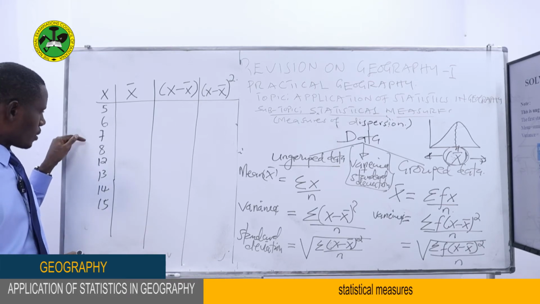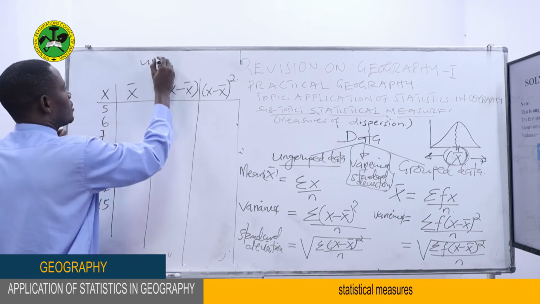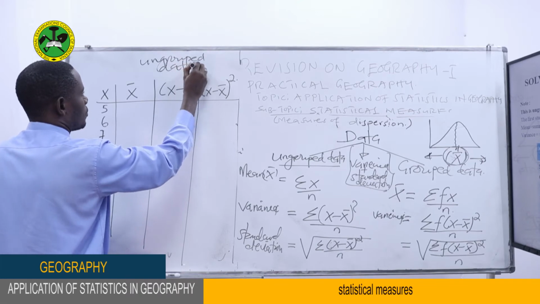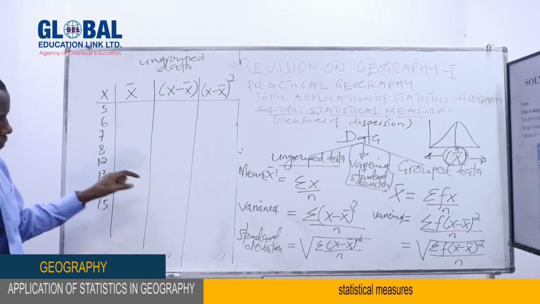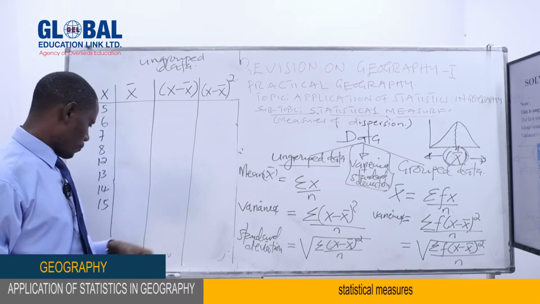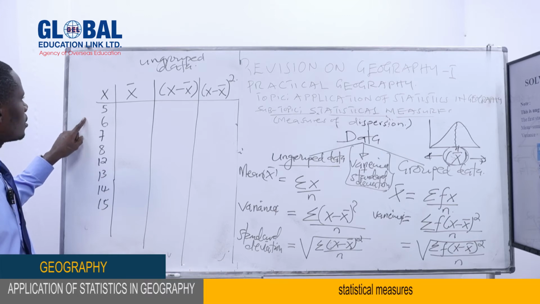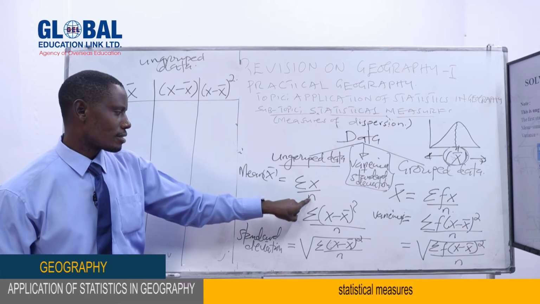So if you check your data, because we said those are ungrouped data, the first procedure should be the computation of the so-called mean. The mean for the ungrouped data is given by the summation of x over n.